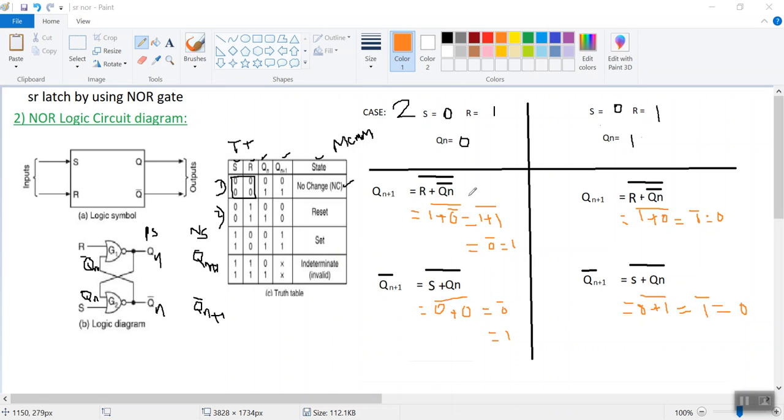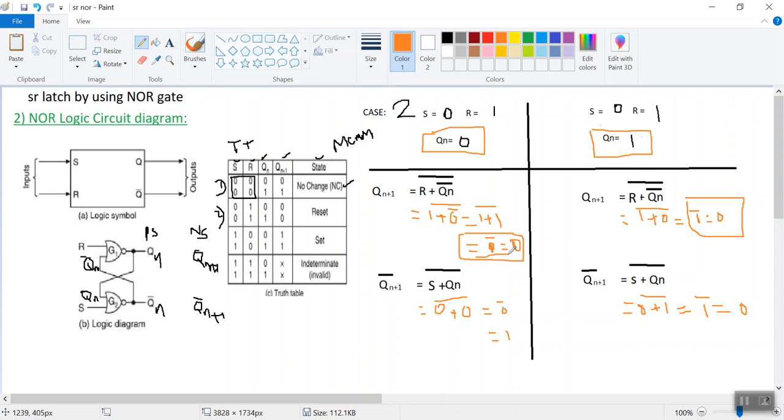So here we can observe that Qn is equal to 0. So when Qn is equal to 0, your output, yes, here 1 plus 1 is 1. So 1 complement is equal to 0. So we can say that when Qn is equal to 0, my output is also equal to 0. And when Qn is equal to 1, my output is again equal to 0.